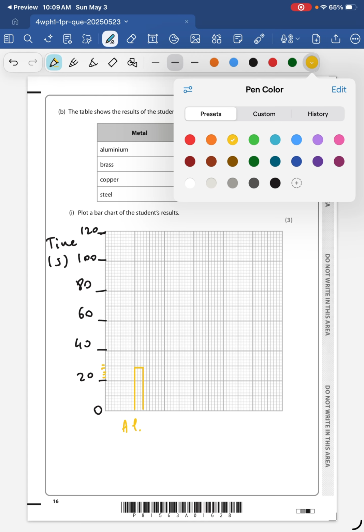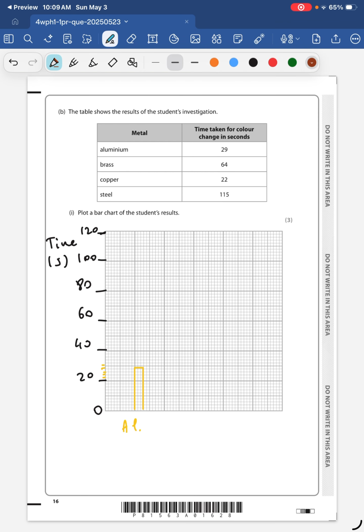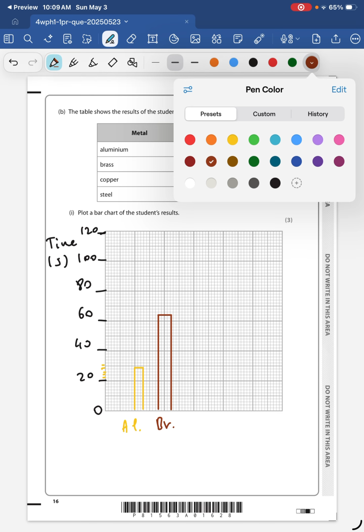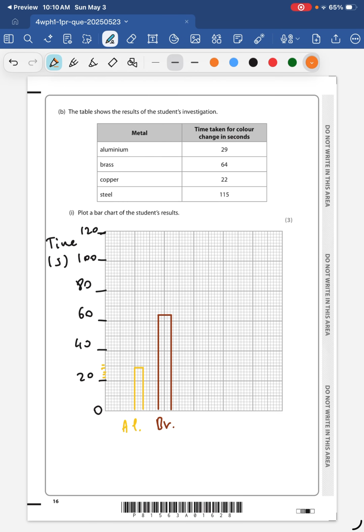Next one is brass. Let's use something reddish. So 64. So this is 64 over there. Okay, so this is kind of easier. So this is brass. Copper 22. Let's use another color. So copper is 22, so it's the smallest, I guess.